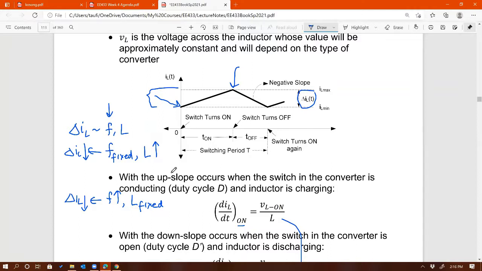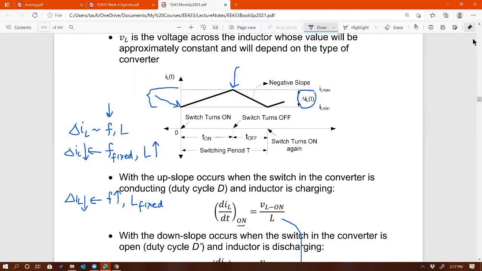What else? Besides physical size, what would limit you from making L as big as possible? Material related, right?